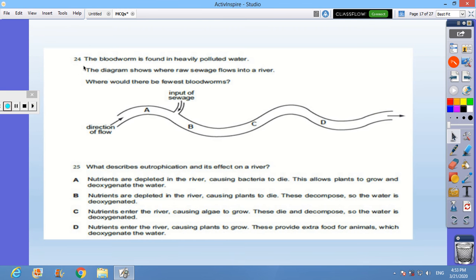24. The bloodworm is found in heavily polluted water. The diagram shows where raw sewage flows into the river. Where would there be fewest bloodworm?